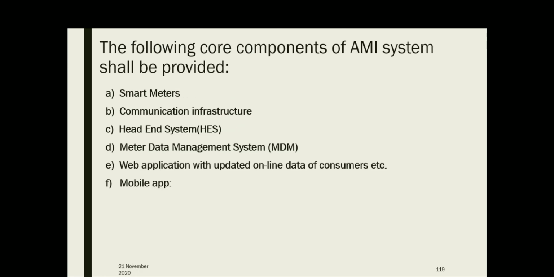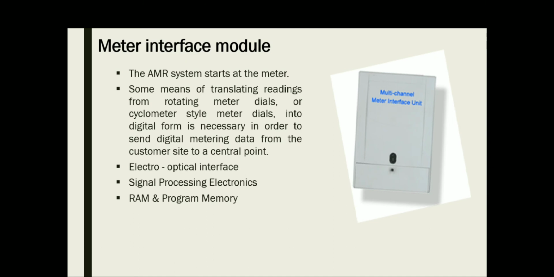Then what is this particular meter interface module? Smart metering consists of a meter interface module with the power supply, battery backup and required controlling module, and a communication interface that allows data to be transmitted from these remote devices to a central location. In many instances, this communication interface is bidirectional and allows the central office signals to be received by the remote unit as well.